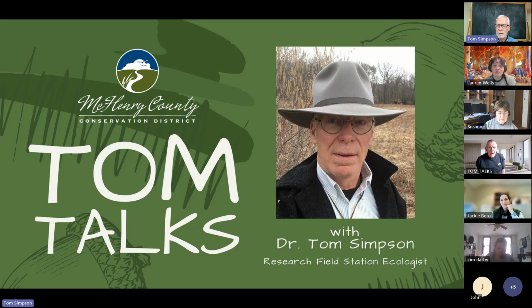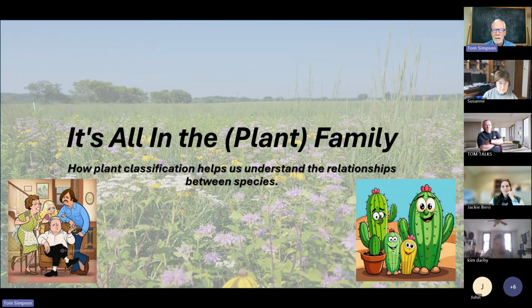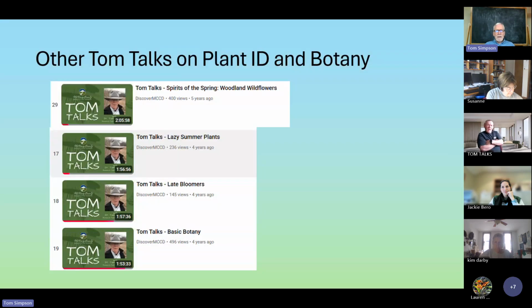So that's really what I wanted to try to do today, is to talk about plant families, but in the broader context of understanding relationships between species and between genera, those groupings of species like oaks or sunflowers, and how in plant classification we try to understand all those relationships.